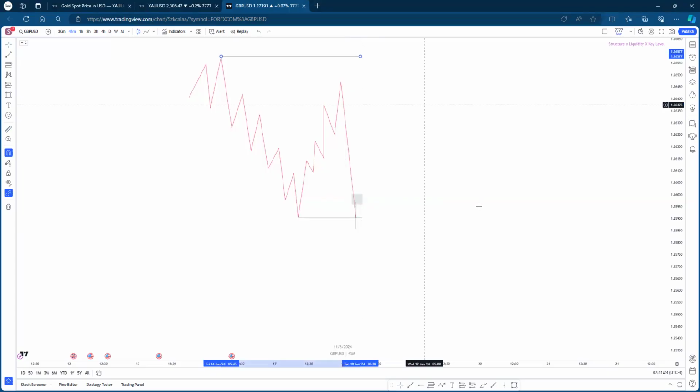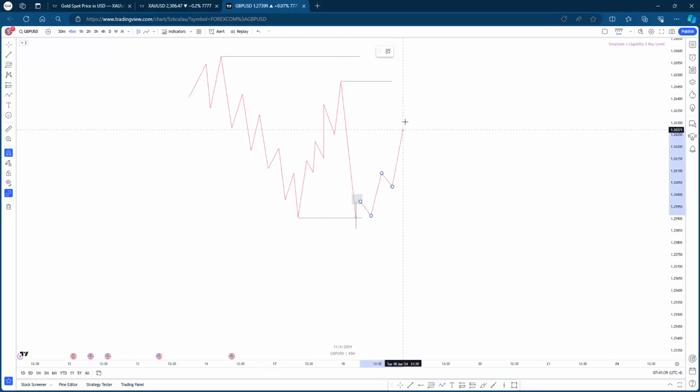There's a 90% chance that price is going to use this particular high as our next liquidity before price moves in this direction. So we are likely going to see something like this. Price will take out this high, then continue to drop to the downside until this liquidity is taken.